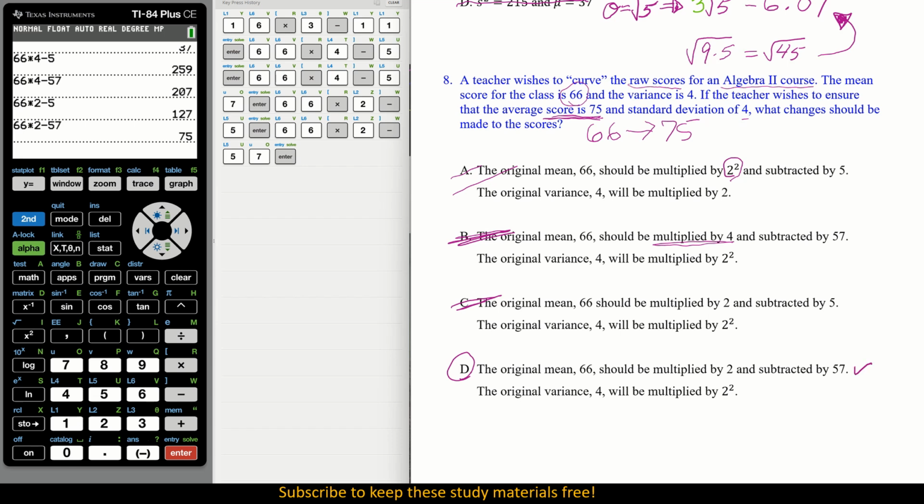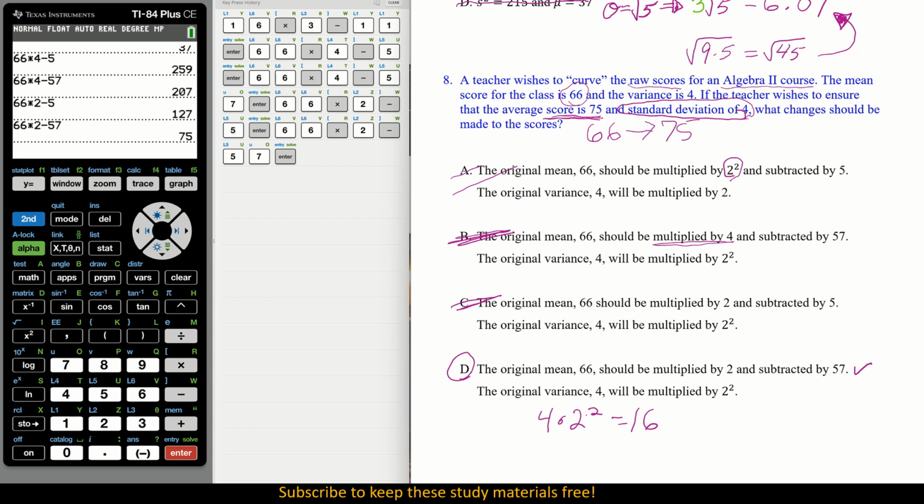Now let's look at what happens to the original variance of 4, which will be multiplied by 2 squared. We're looking for a new standard deviation. So that means we take our variance of 4 and 2 squared. 4 times 4 is 16.